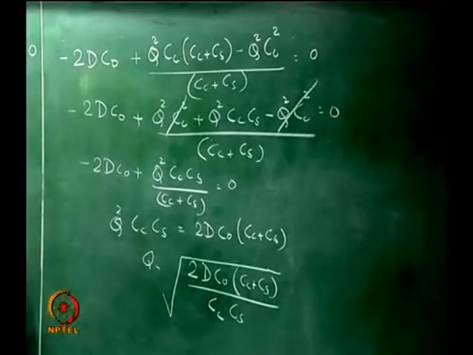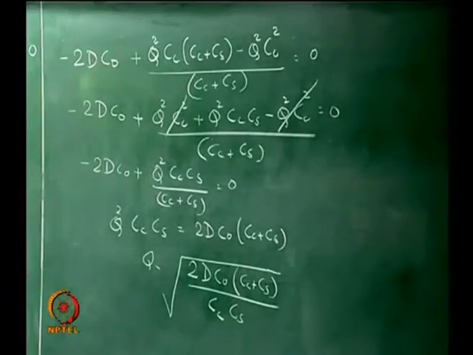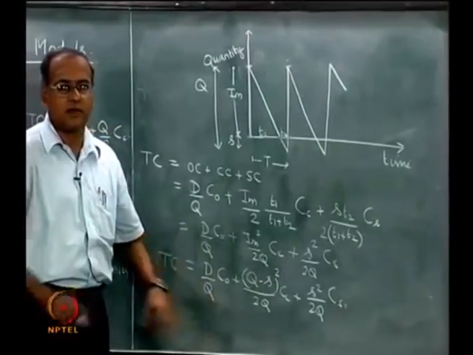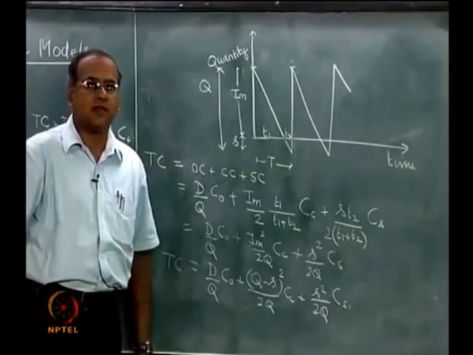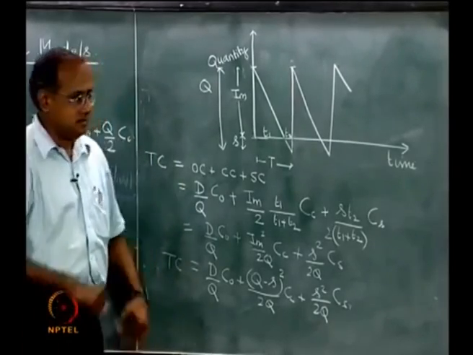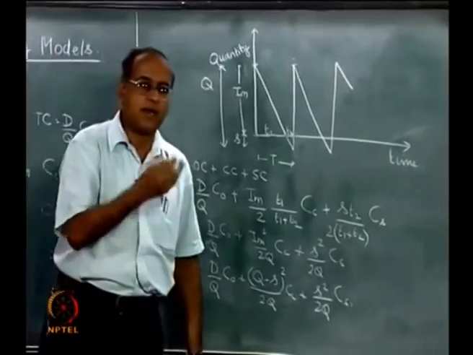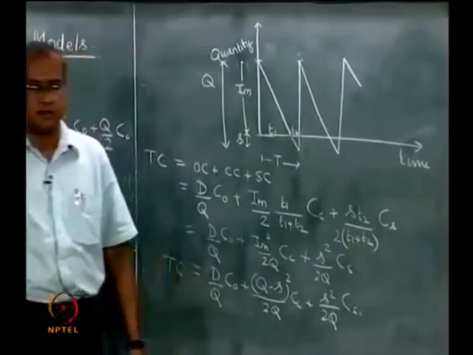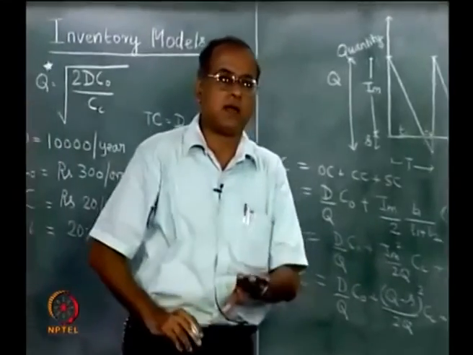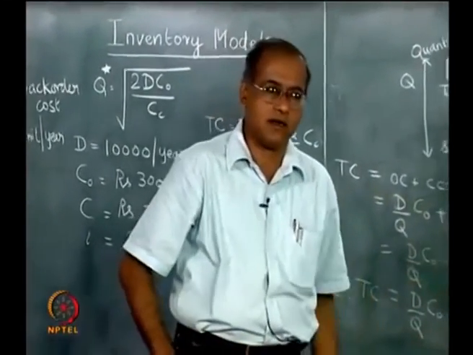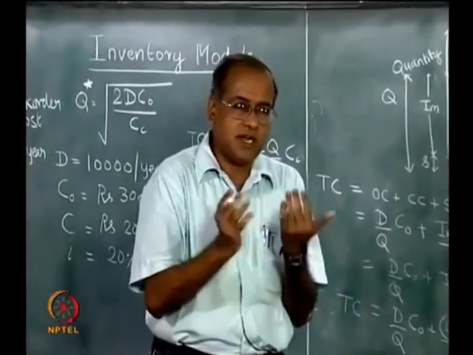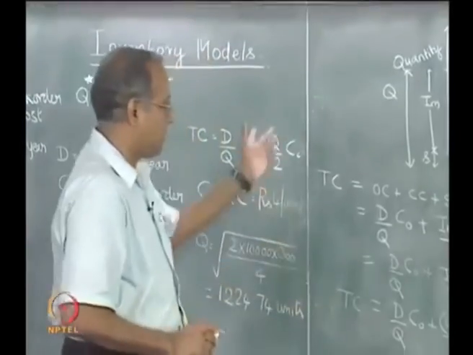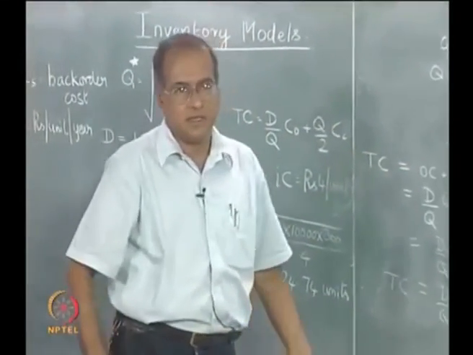Now, we can substitute this S and Q back into the total cost function, which is here, to try and find out what is the total cost at the optimum. That, and the comparison of the model with back ordering to a model without back ordering, which means the similarities and differences between models 1 and 2, we will see in the next lecture.